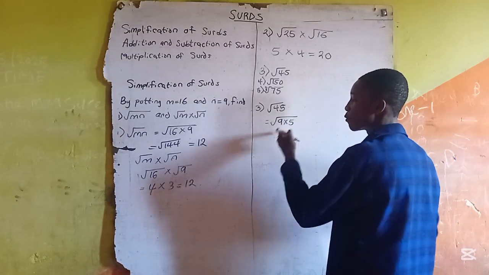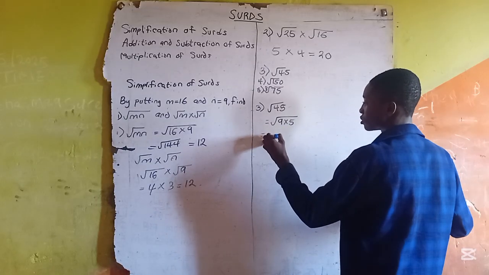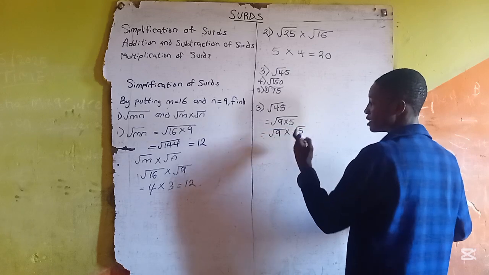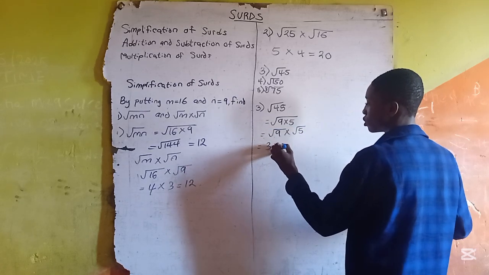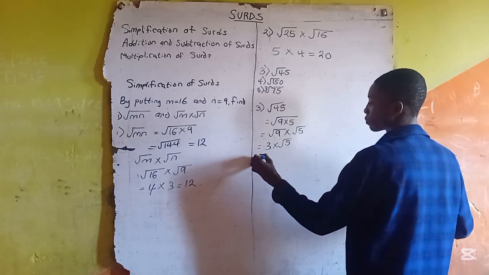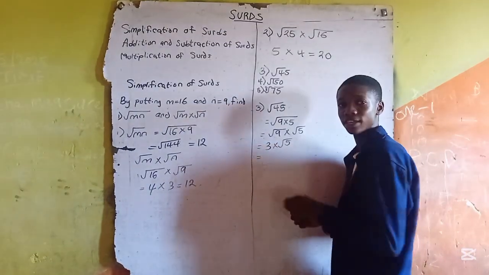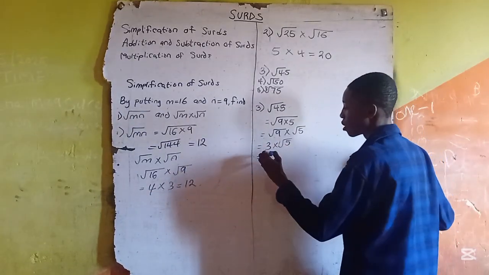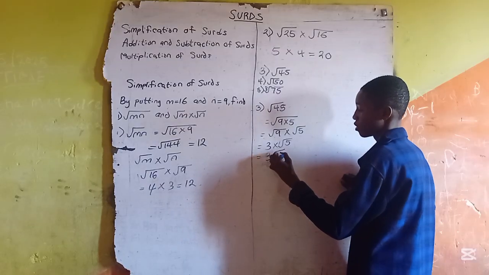So to get it, we bring it out. Root 9 multiplied by root 5 is still the same thing. So now the square root of 9 is 3, times root 5. This is not the answer because there's an invisible 1 here. So we are going to multiply the 3 with 1, and 3 times 1 is 3 root 5.